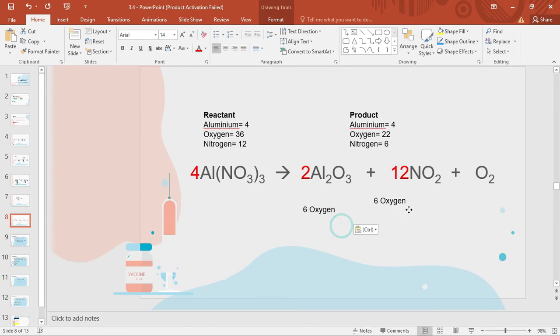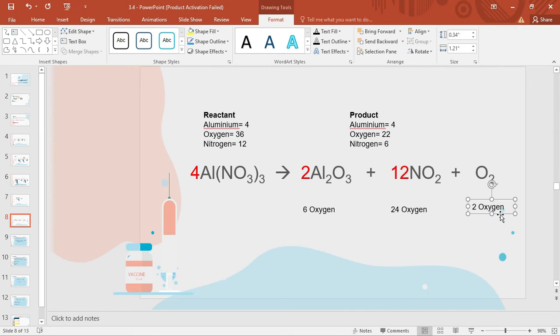Now here we have how many oxygen? 24. Here we got 2 oxygen, right? So the total oxygen in the equation is now how many? 32.